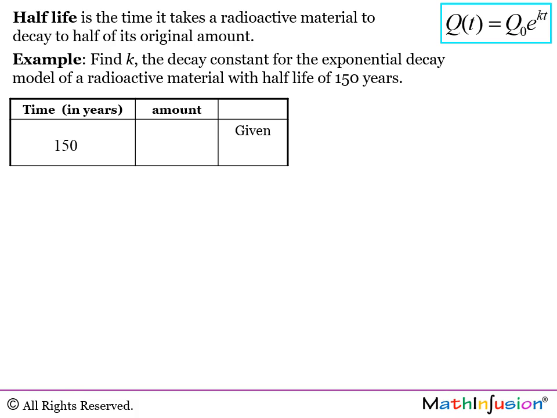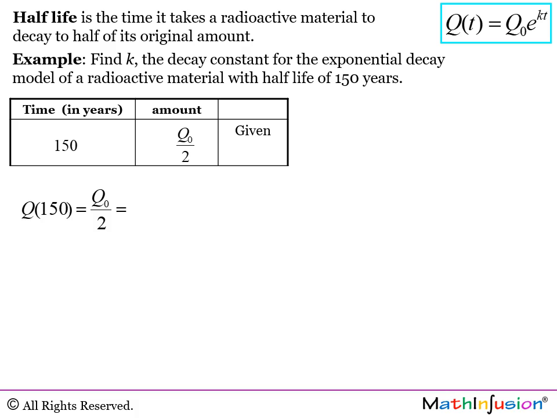We know that after 150 years, because it's a half-life, we are getting to exactly half of the initial amount. Because half-life means that at that time, only half of the original Q0 is left. So now again, I'm going to express the amount in 150 years in two ways.